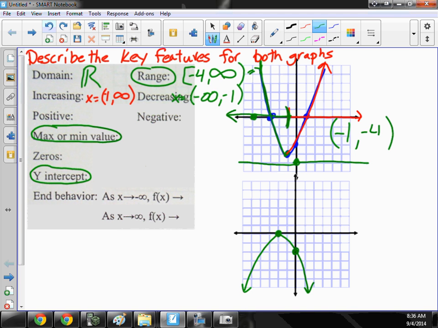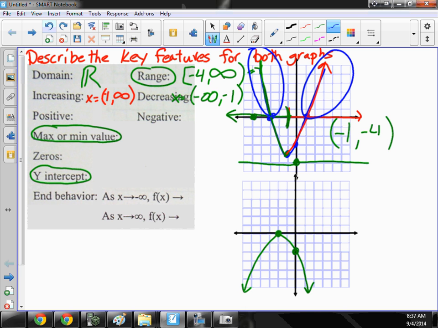Okay? Where is the graph positive? Well, if we look at the graph, this portion is positive, and then this portion is positive. So we have two pieces.